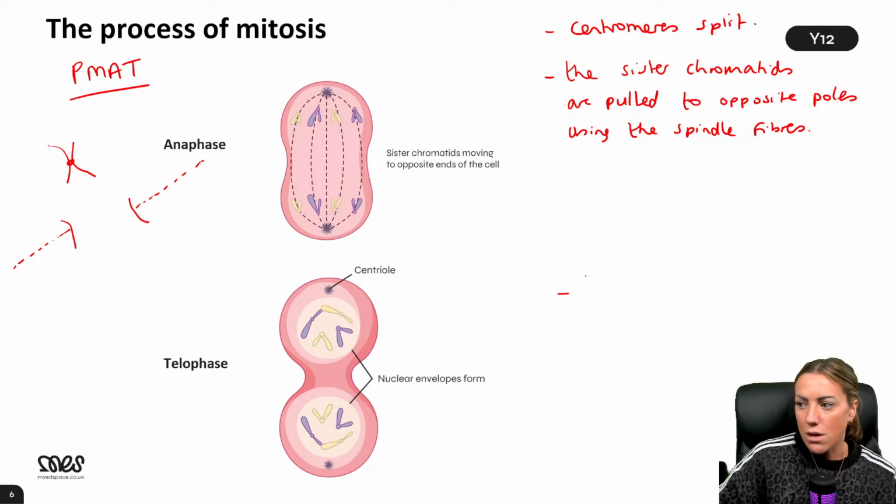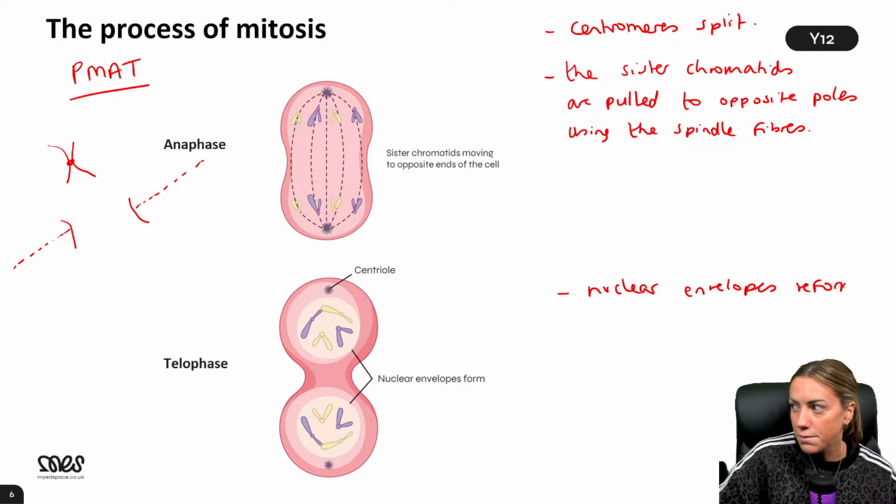During telophase, the nuclear envelopes reform and two new nuclei form, which you can see here.